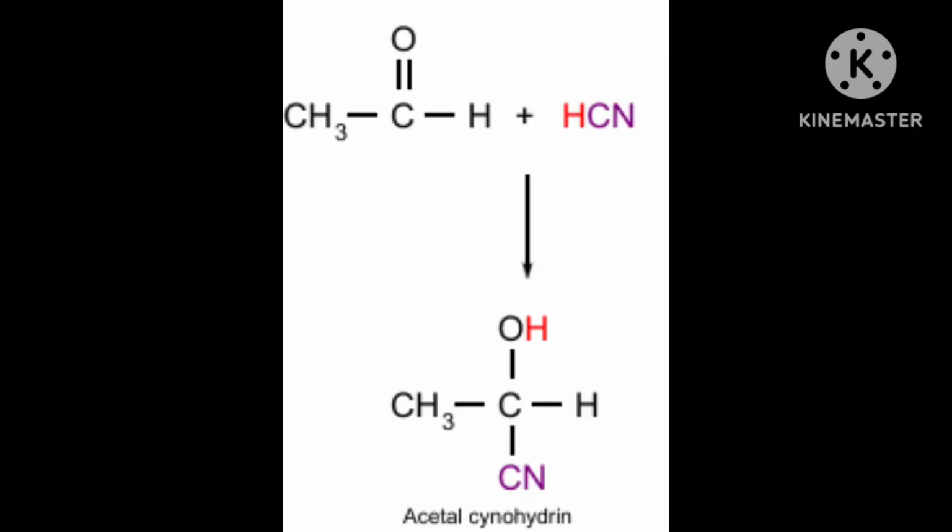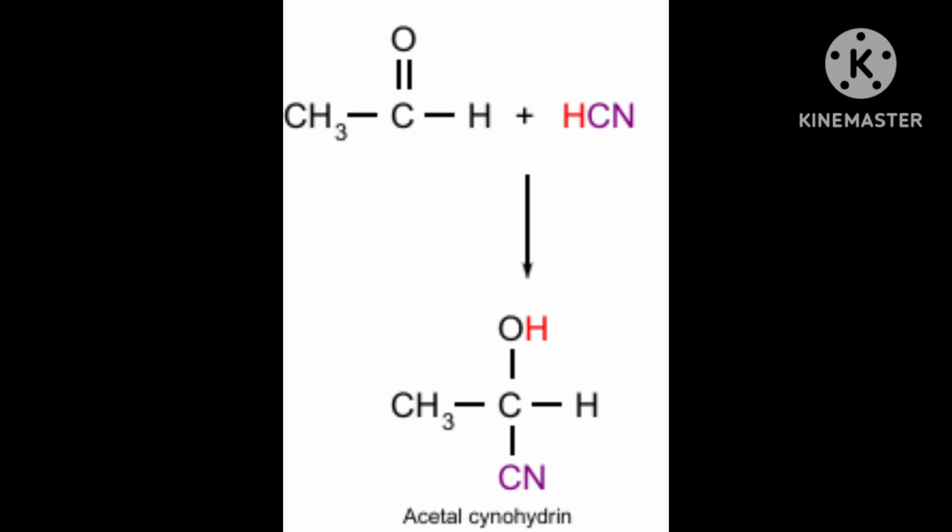Then addition of hydrogen cyanide: aldehydes and ketones react with hydrogen cyanide to yield cyanohydrins. This reaction occurs very slowly with pure HCN. Therefore, it is catalyzed by a base.